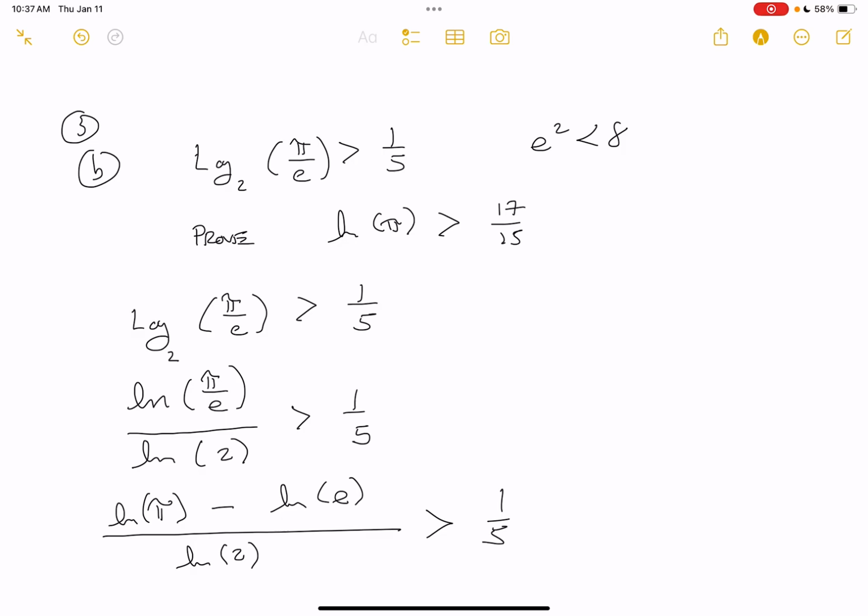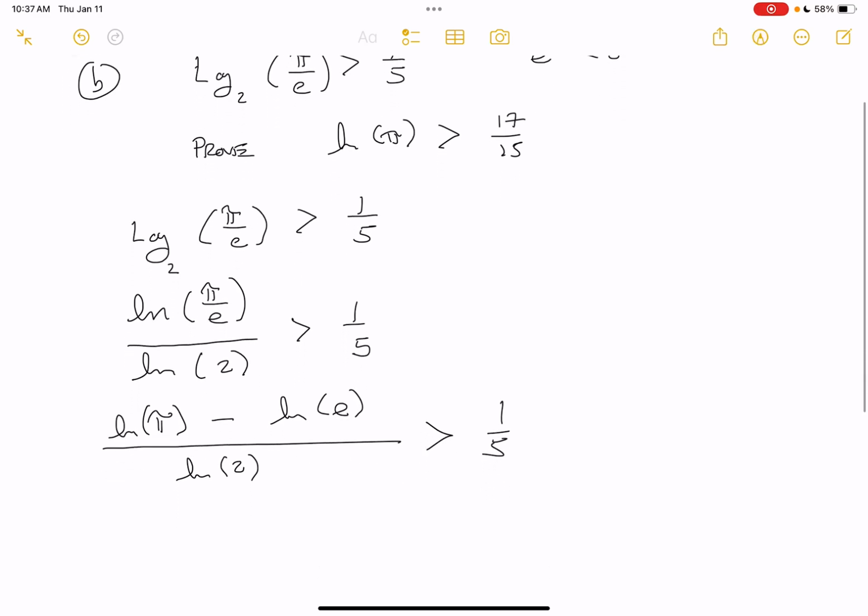And we say it's greater than 1/5, right? They gave that to me. It's a given. All right, let's keep going. This is going to be the natural log of pi over the natural log of 2 minus, well, the natural log of e is 1, over the natural log of 2, greater than 1/5.